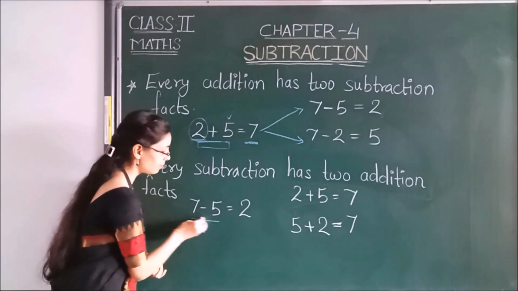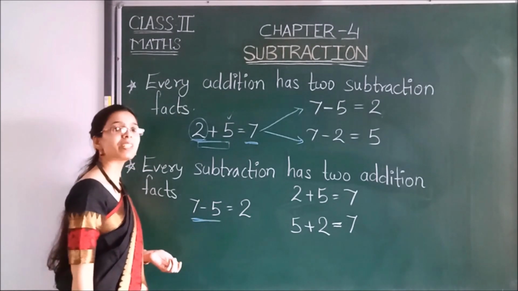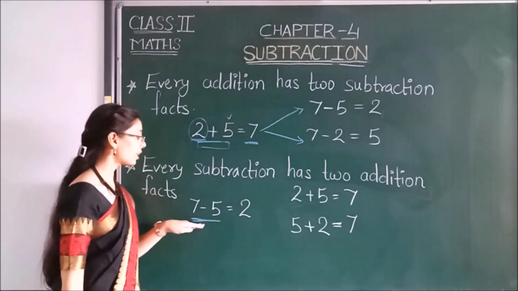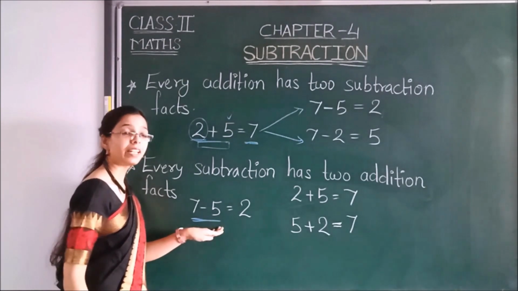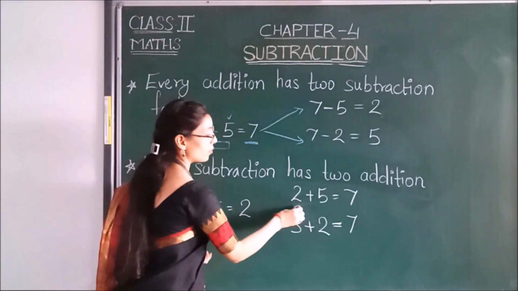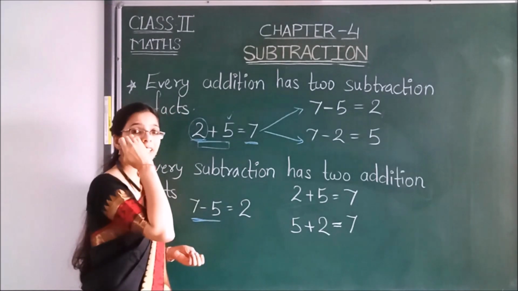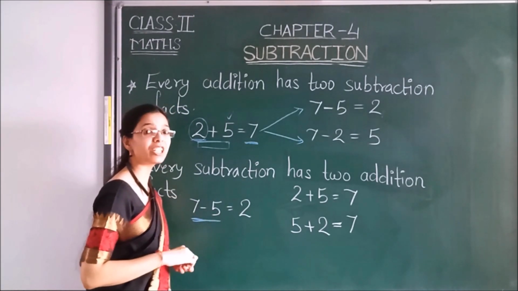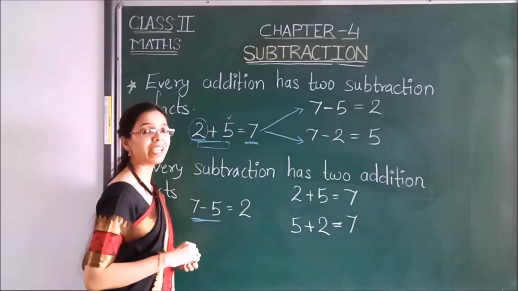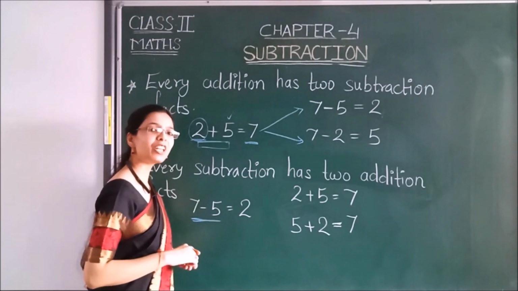This is subtraction. 7 minus 5 is equal to 2. Now, when we do addition, you have already learned in the previous lesson that we can write numbers in any order.